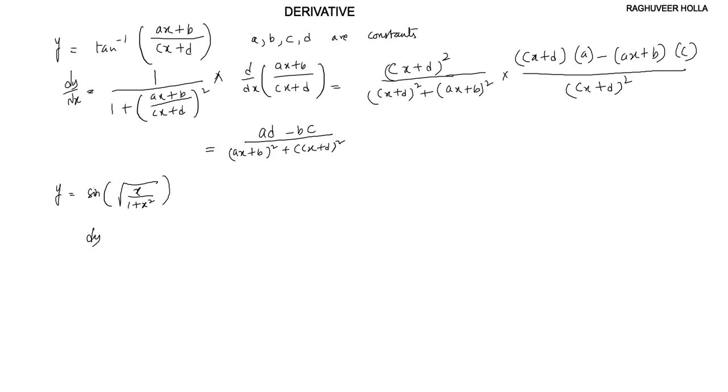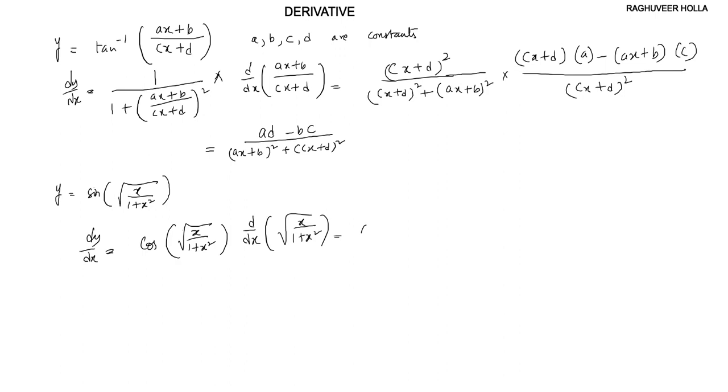Okay, so this is dy by dx would be sine becomes cos, and this will be square root of x by (1 plus x square), right? And d by dx of square root of x by (1 plus x square).